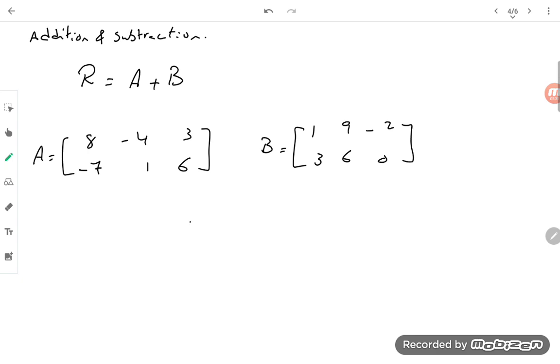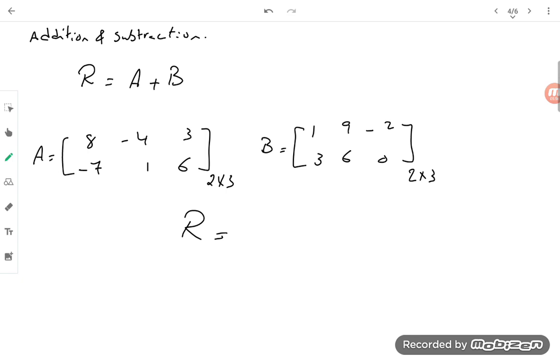We would like to find matrix R. So this matrix is 2 by 3 matrix, and this one is 2 by 3. So we are going to have a 2 by 3 matrix.